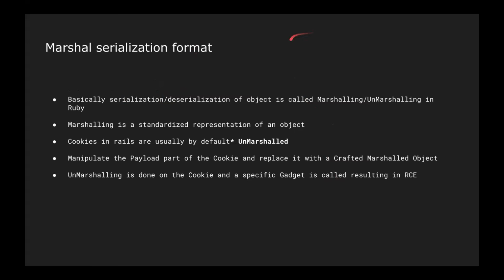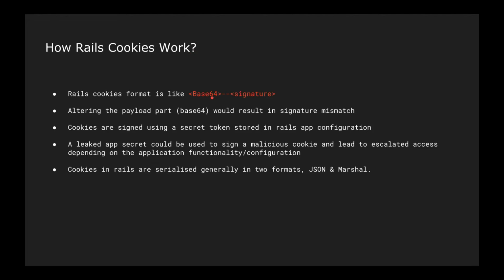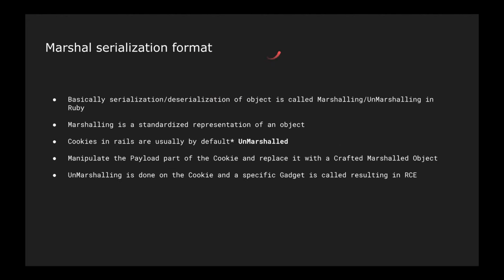So if you have a valid Marshal within the base64 part here, it will decode the base64 and unmarshal it. That is, you can have your own object instantiated. So I can sign my own cookies, and now I can certainly sign my own Marshal objects. Basically, I can send my own serialized object, and Ruby will try to deserialize it.